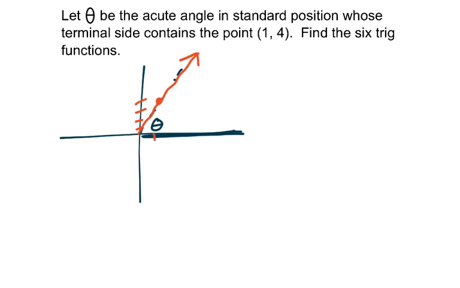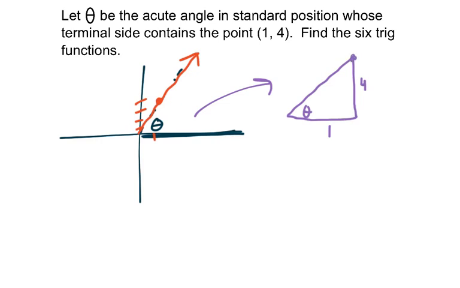So we need to find the 6 trig functions of this triangle, if I draw it in a way where we can write on it. Here's my angle, and I know that I went over 1 to get there and up 4 to get there, right? To get to this point here.